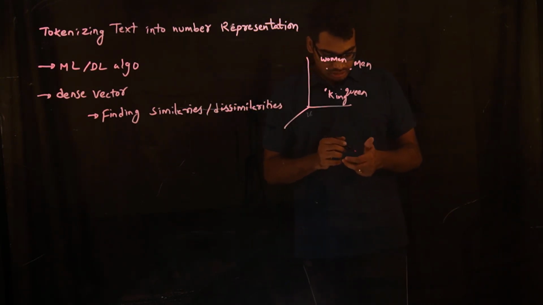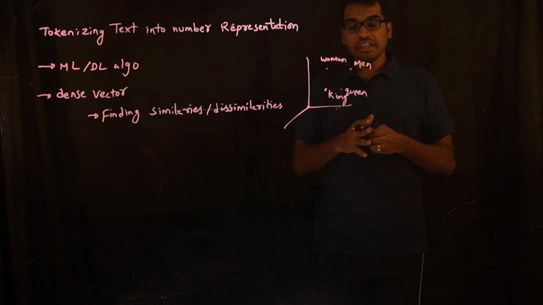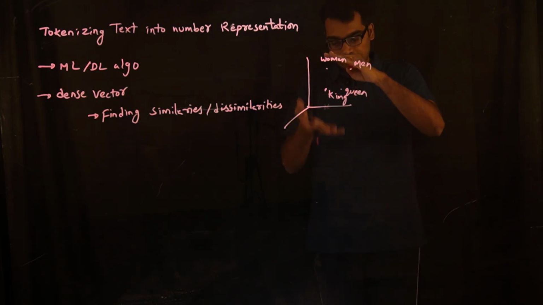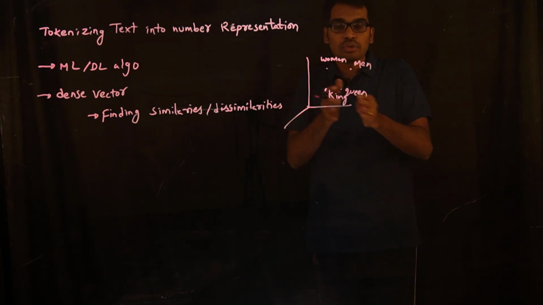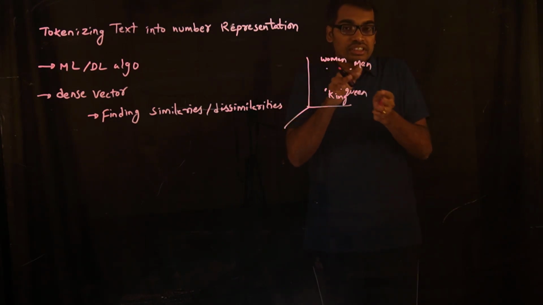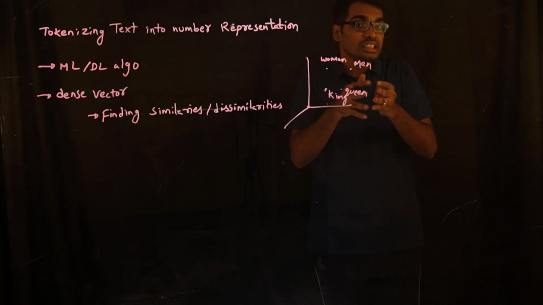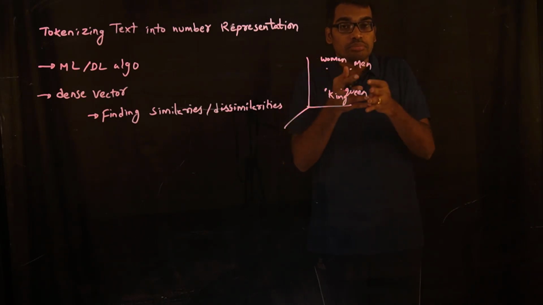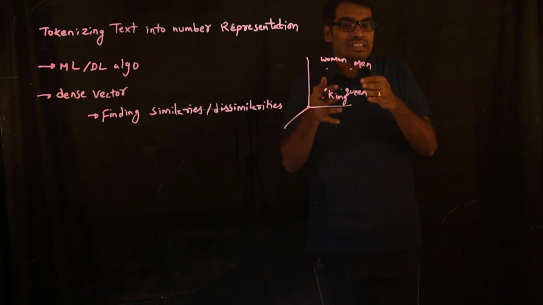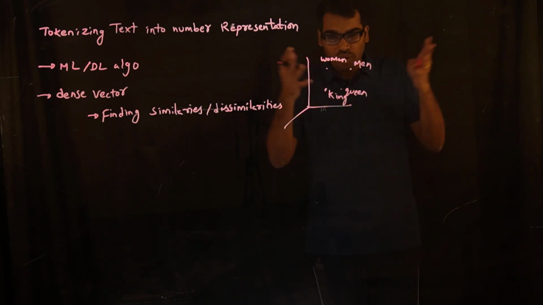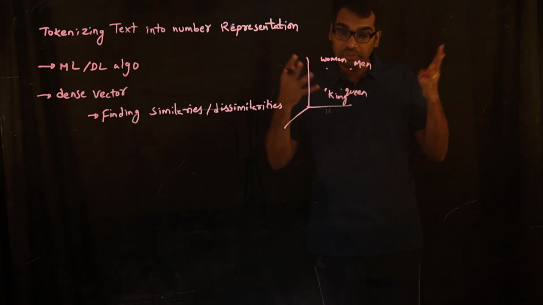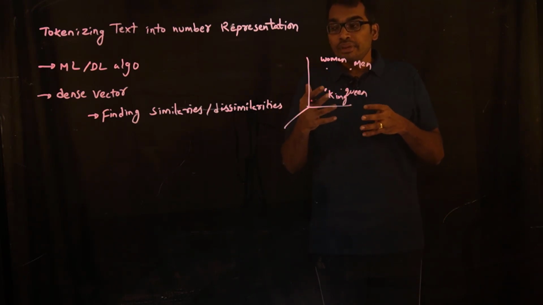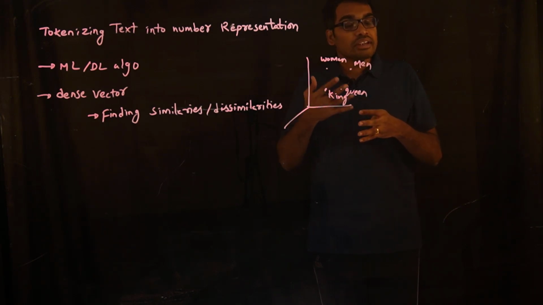Also, in terms of text, when you have a lot of documents and you represent them as unique words, the words are larger in length. You can have 10,000, 20,000, 30,000 or even more unique words.